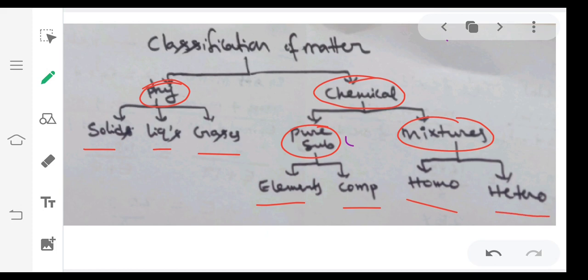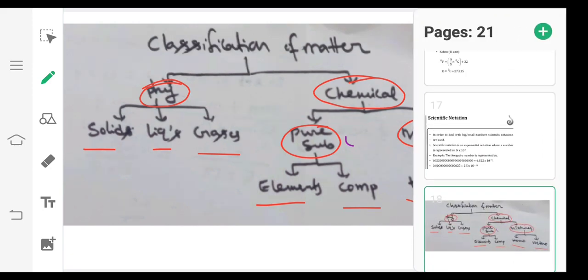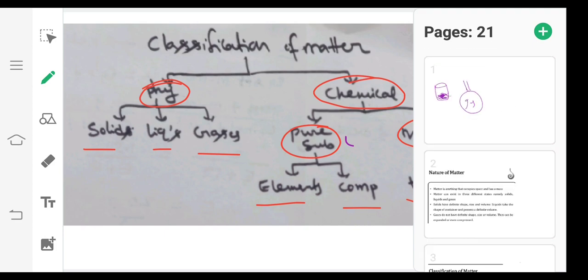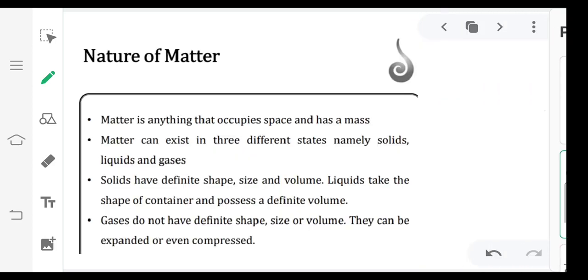So we will see first physical classification, properties of solids, liquids and gases, and interconversions between these three states. After that we will go for chemical classification. Now, properties of solids, liquids and gases.